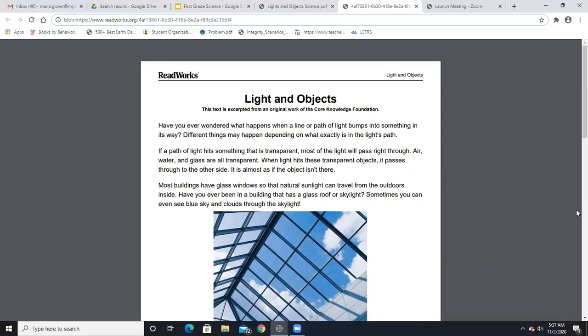When light hits these transparent objects, it passes through to the other side. It is almost as if the object isn't there. Most buildings have glass windows so that natural sunlight can travel from the outdoors inside. Have you ever been in a building that has a glass roof or skylight? Sometimes you can even see blue sky and clouds through the skylight.